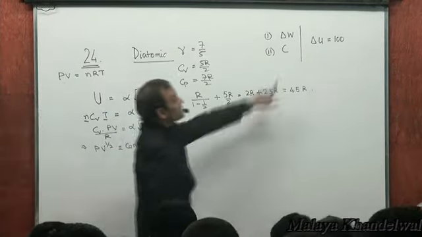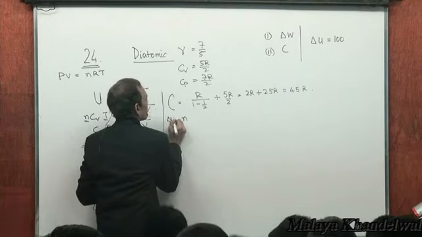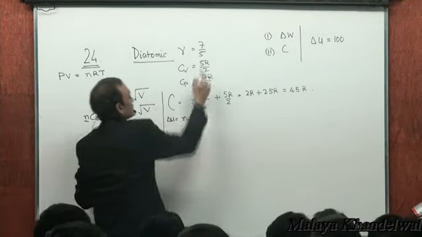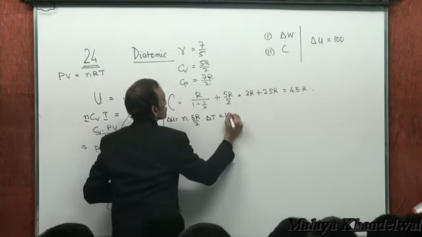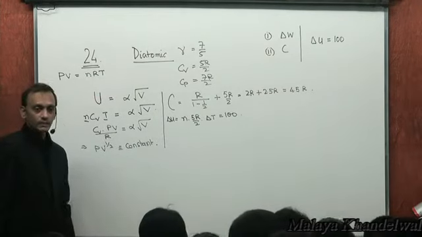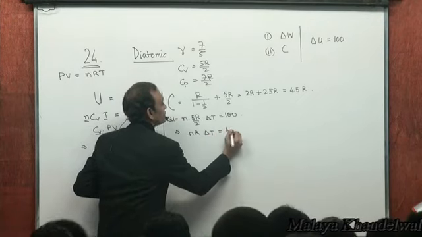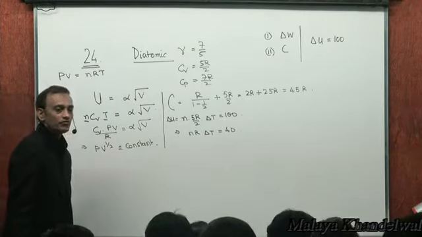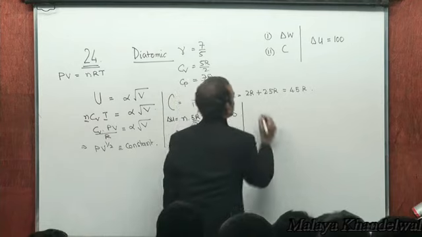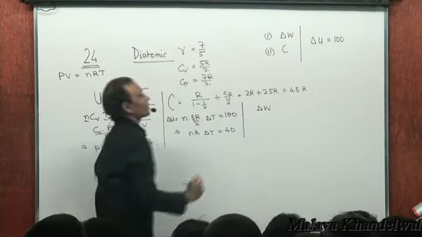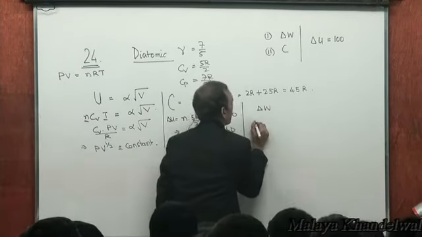Now, delta U is given to be 100 joules. That means nCv, Cv is 5R by 2, into delta T is 100 joules. So that makes nR delta T equal to 40. What we are seeking to calculate is, number one, the work done. What is the heat supplied?